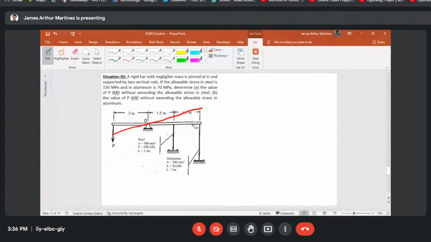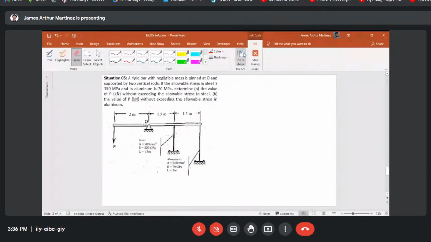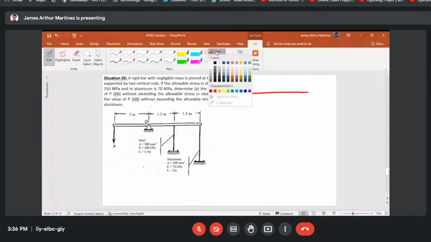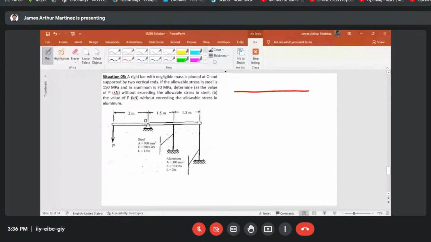Okay? So, akong i-delete ha. If we draw the free body diagram with those exposed internal reactions, we will have this illustration, di ba? So, if this is P, then point O, and then C steel and C aluminum, no?